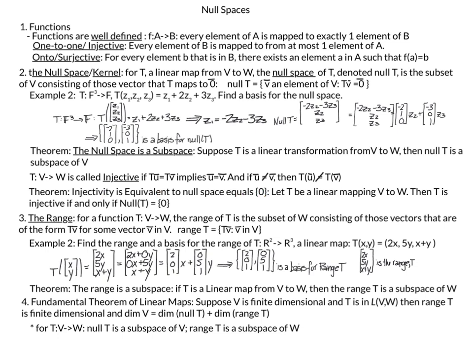Let T be a linear map from V to W, then T is injective if and only if the null of T is equal to the zero vector.